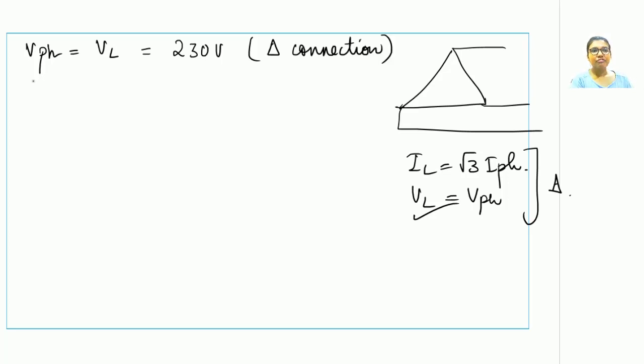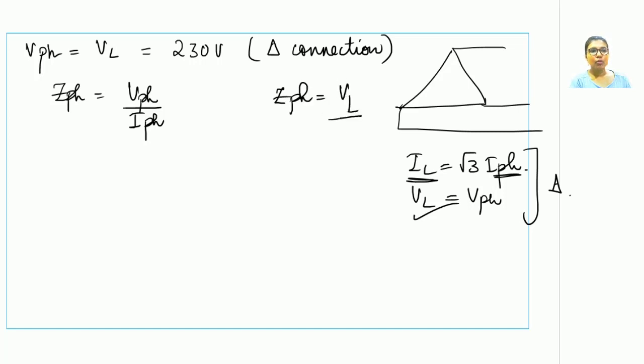Now how can one figure out the line current? In order to figure out the line current, you have to figure out the value of the phase current first, because the Z phase is the relationship between V phase and I phase only. Please do not relate Z phase as VL upon IL. This is wrong.